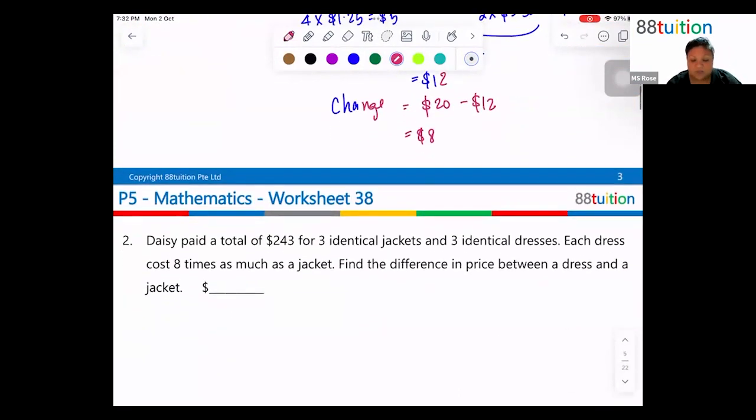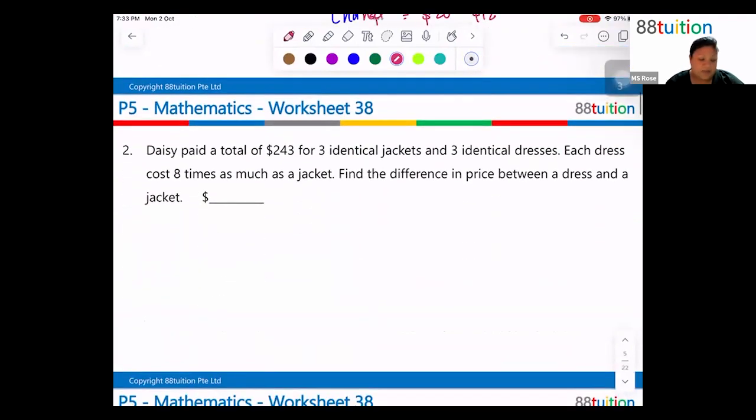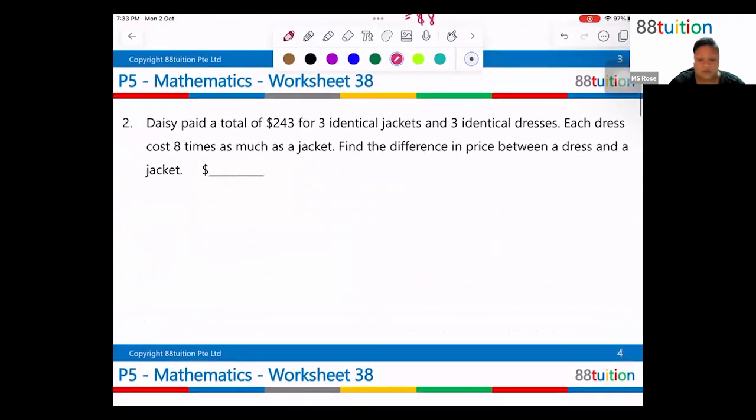Let's look at the next one. Daisy paid a total of $243 for 3 jackets and 3 dresses.